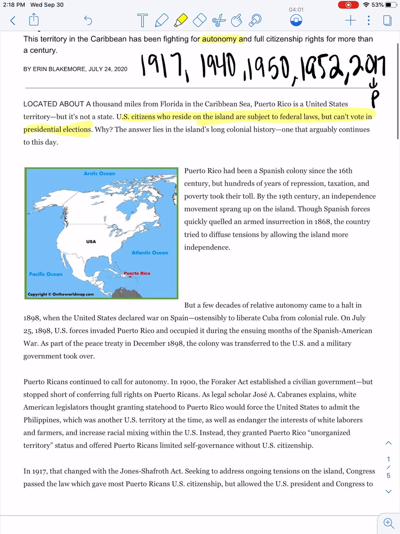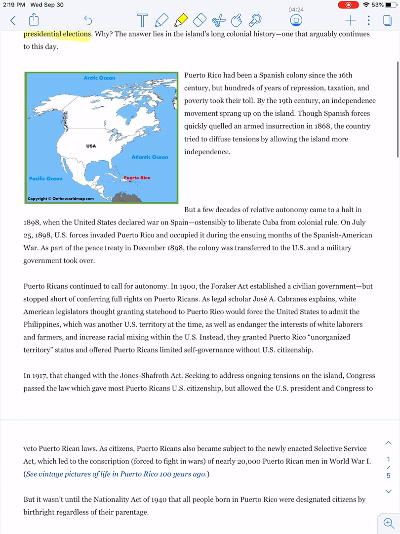Puerto Rico had been a Spanish colony since the 16th century, but hundreds of years of repression, taxation, and poverty took their toll. By the 19th century, an independence movement sprang up on the island. Though Spanish forces quickly quelled an armed insurrection in 1868, the country tried to diffuse tensions by allowing the island more independence.